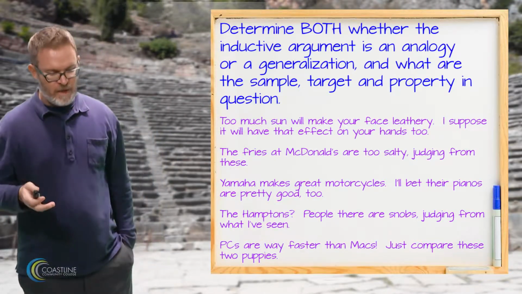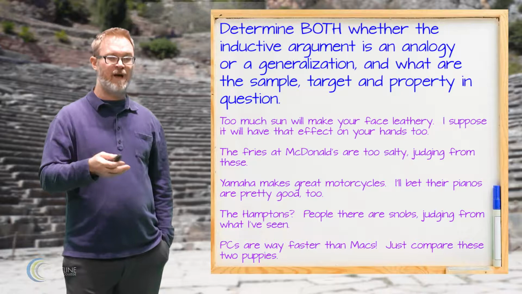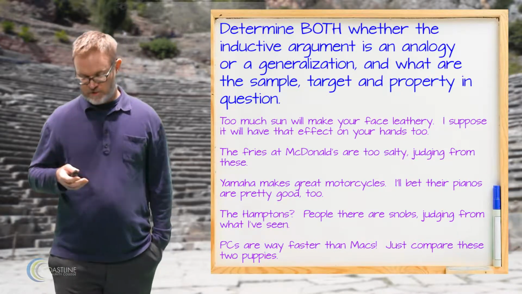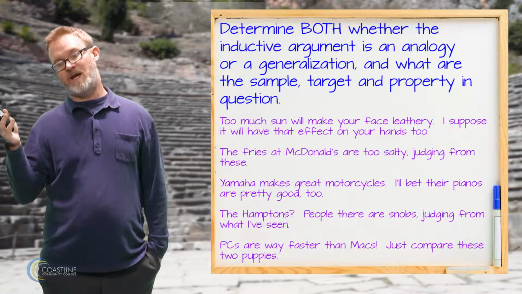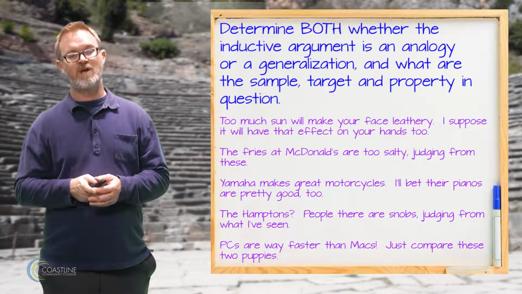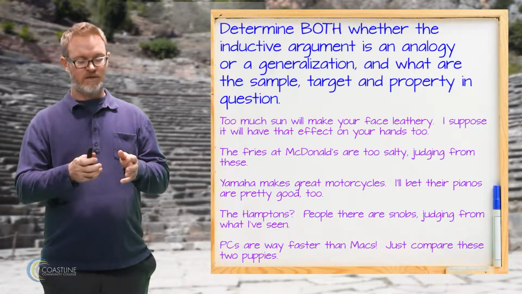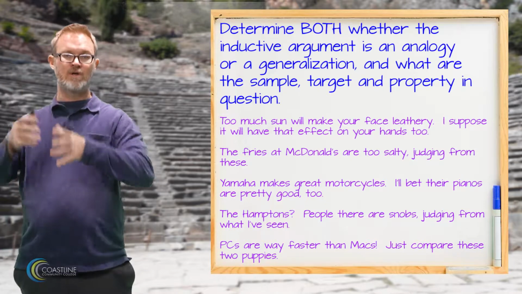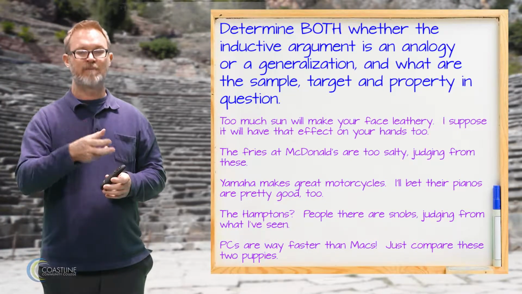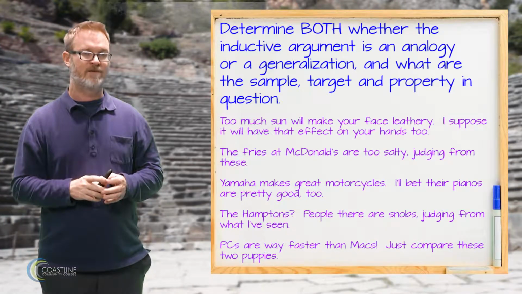So our sample here seems to be the people from the Hamptons that I've seen. The target seems to be all people from the Hamptons. So this is a generalization. Your sample is just the ones you've seen. Your target is all the people at the Hamptons. So the sample is just a small part of that target class.